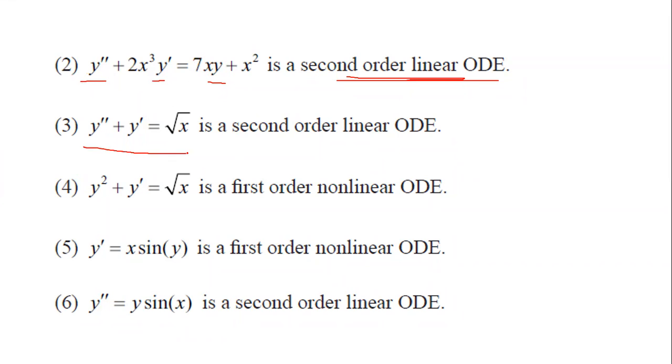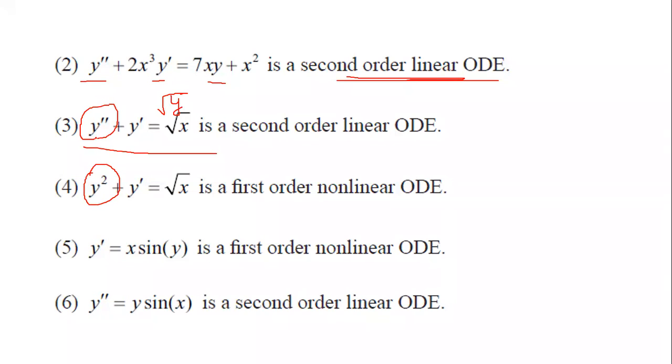Here also we can see that y double dash plus y dash equal to root x is a second order linear ODE. If root y is there, then it is a non-linear ODE. See, y square plus y dash plus root x. y double dash is different, y square is different.